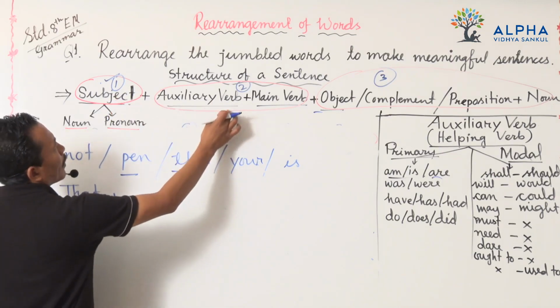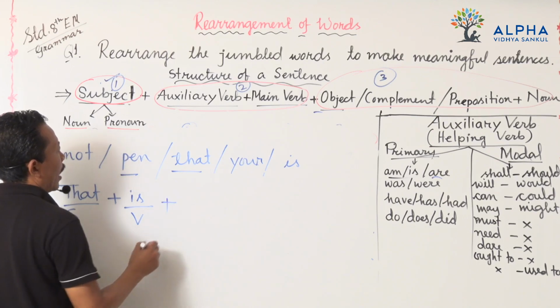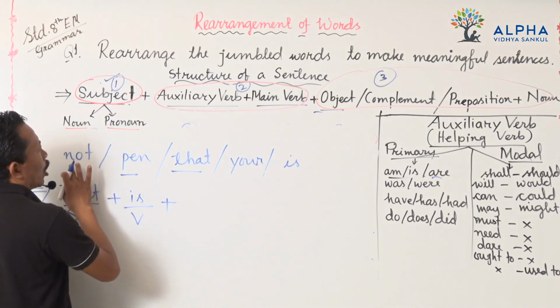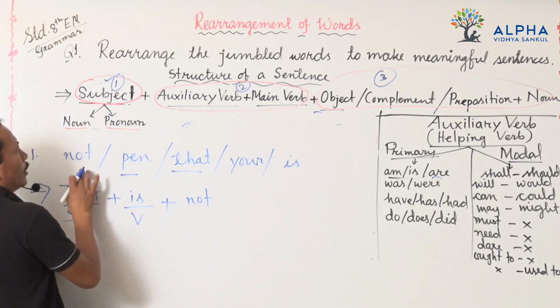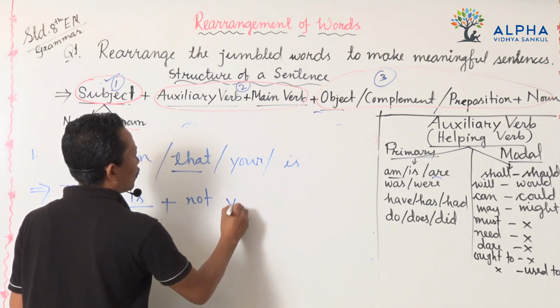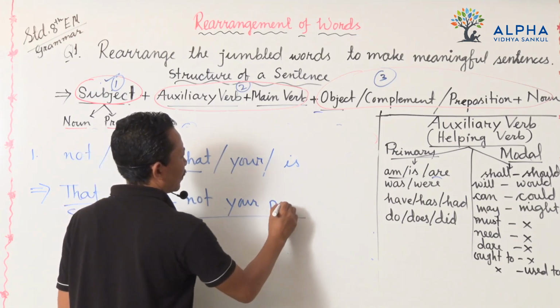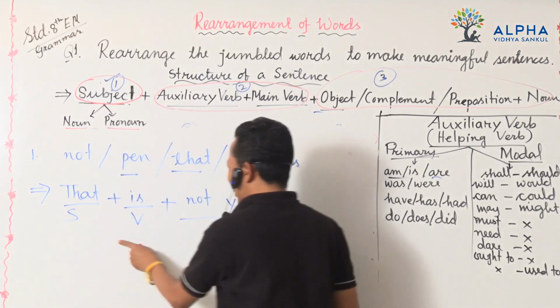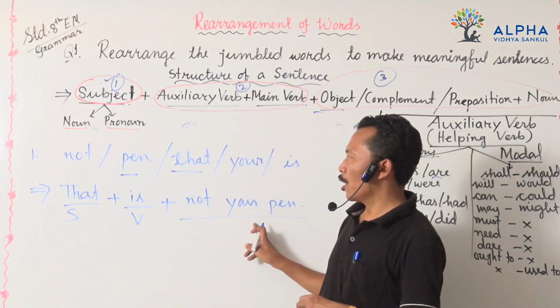After subject, what will be the verb? Is, verb, and not. That is not your pen. Your pen, this is the complement.